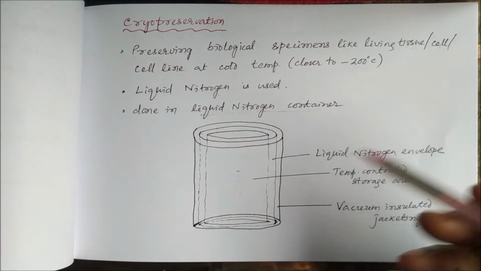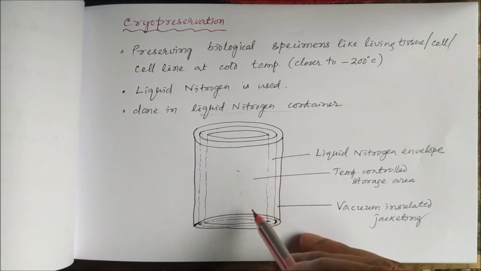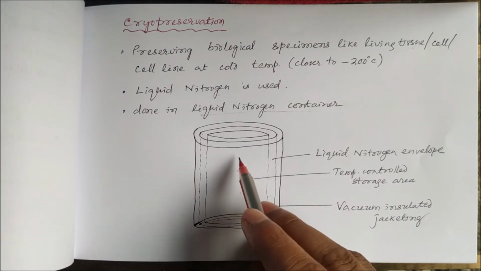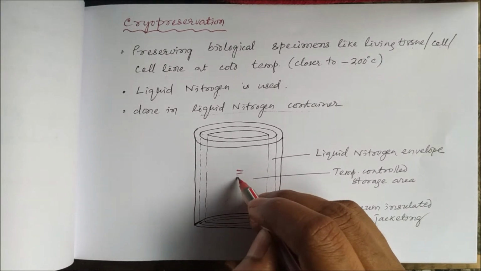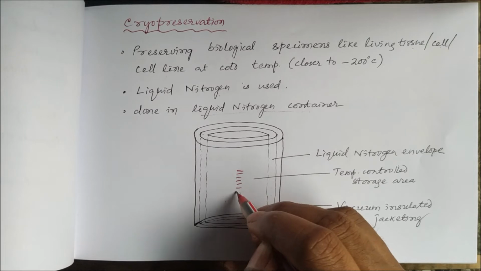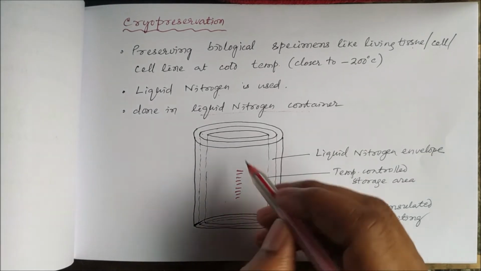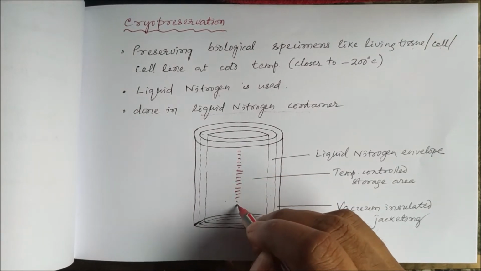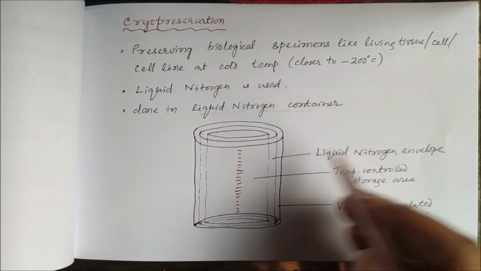The container in which we keep the biological specimen is called a liquid nitrogen container. There is a temperature controlled storage area where the temperature is marked, and the biological specimen is kept inside this container, and surrounding it there is the liquid nitrogen envelope.